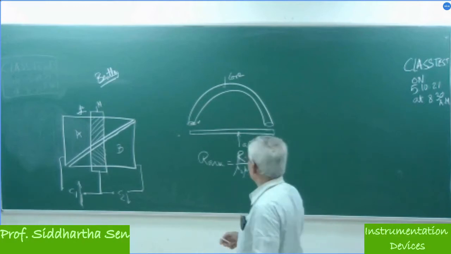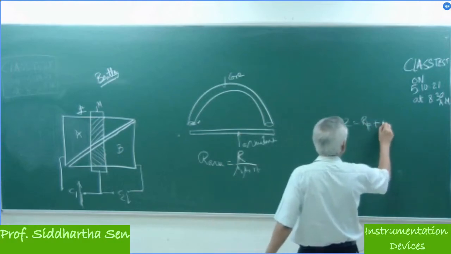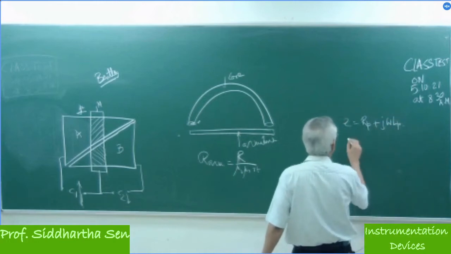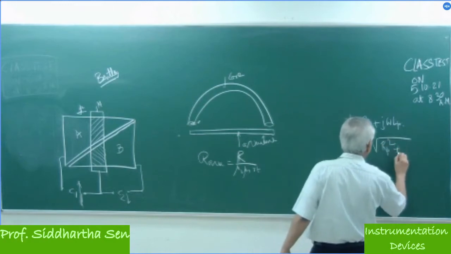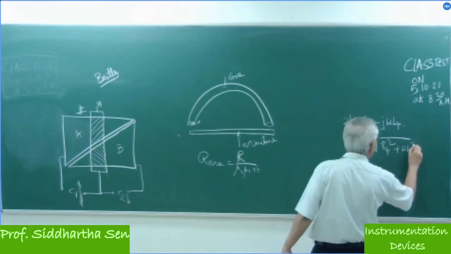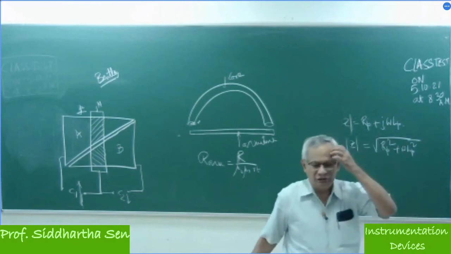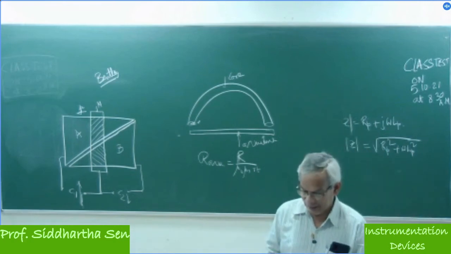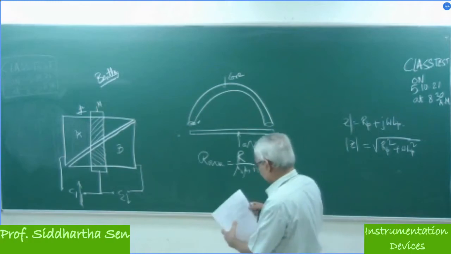So definitely you know Z is equal to Rp plus j omega Lp, or the magnitude of Z is equal to root over Rp square plus omega Lp square. So definitely the magnitude of Z and the phase angle will change, depending upon the frequency also.